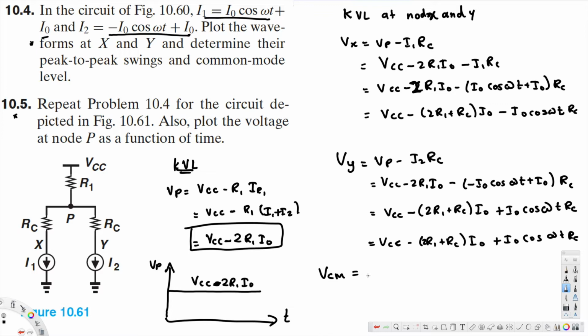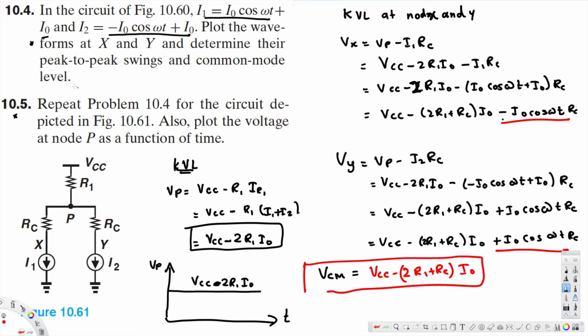When you add, this one is minus and this one is plus, so these two will cancel. The other terms are the same, so it's multiplied by 2 and divided by 2. You're going to get the same thing, VCC minus 2R1 plus RC, multiplied by I naught, and that's going to be our common mode level.